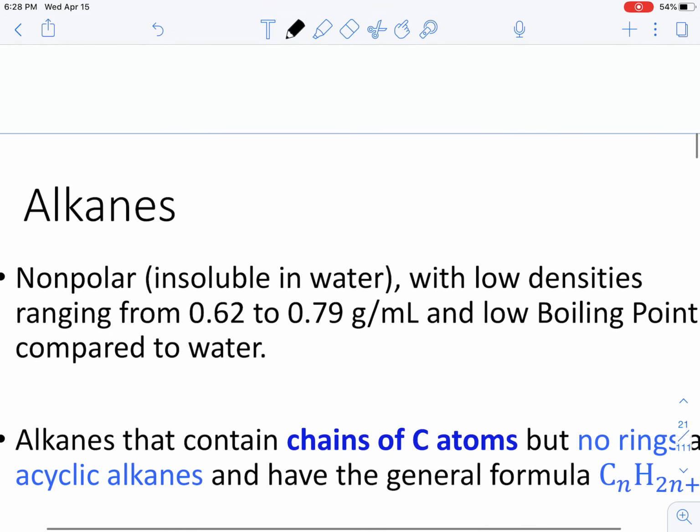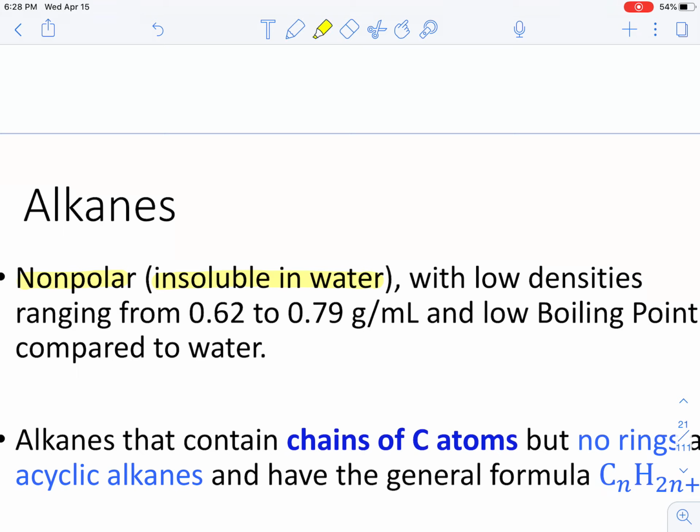And so all alkanes exhibit this physical property where they are non-polar in nature. In other words, they are immiscible, they're insoluble in water. So if you were to put an alkane in with water, you are going to create a heterogeneous solution.